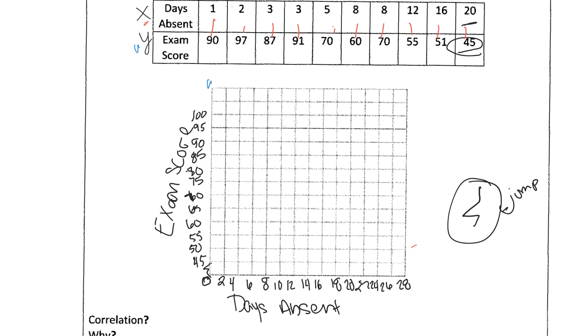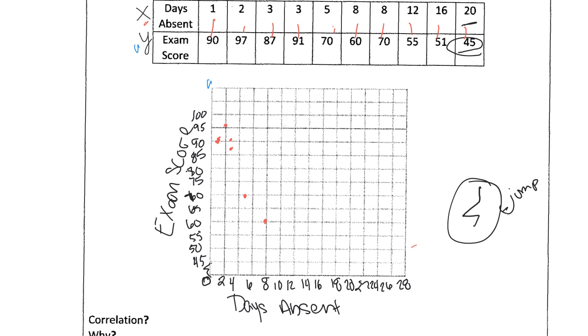Okay, so start graphing those. So we go to 1 and 90. We go to 2 and 97. I don't have a 97, so I'm going to go close. 3 and 87. That's in the middle. 3 and 91. So it's okay to have 2 dots on the same bar, because that's what happens. 70.